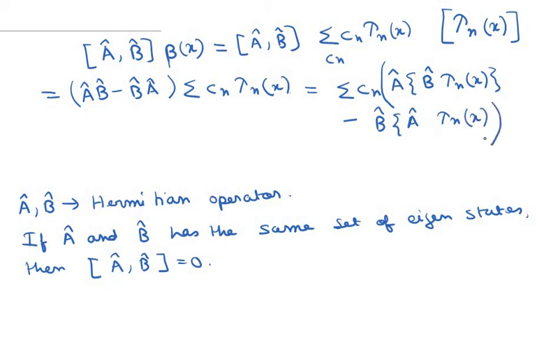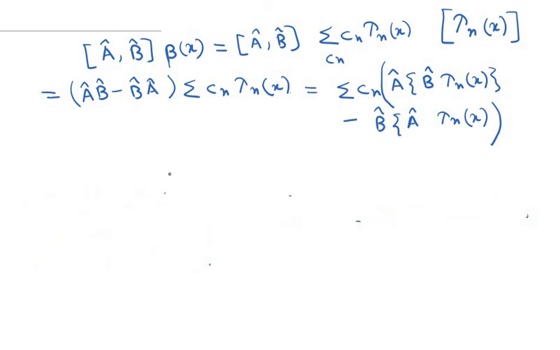Now remember that lambda n x are the eigenstates of both operator a and operator b. Therefore, we have the summation over n of Cn, operator a acting on lambda n x, which is equal to a number times lambda n x.